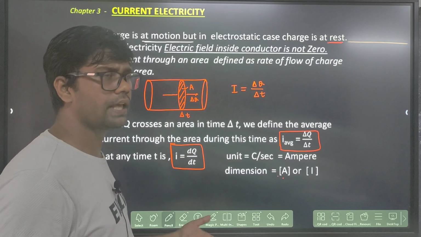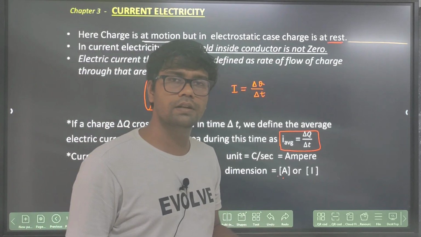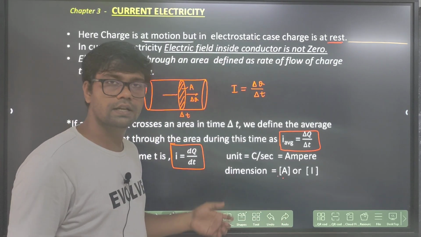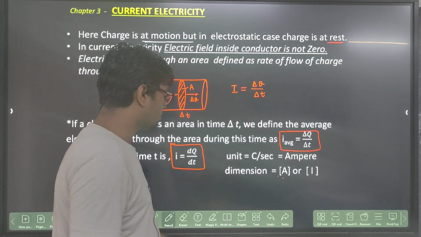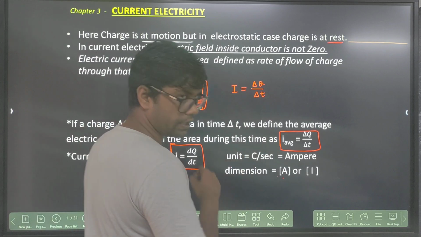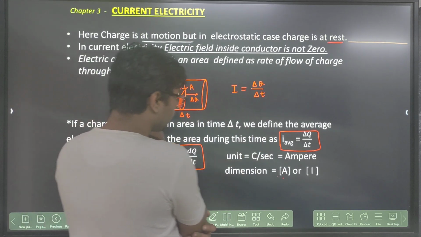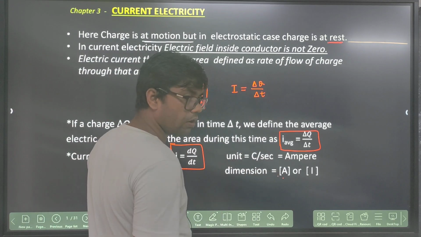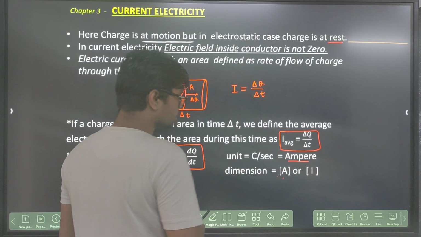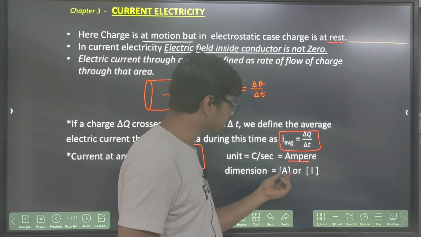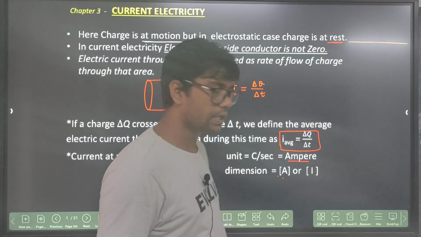Like instantaneous velocity and average velocity, similarly instantaneous current and average current, right? The unit of current is coulomb per second, or ampere. Similarly, the dimension of current can be written as A or I, right?